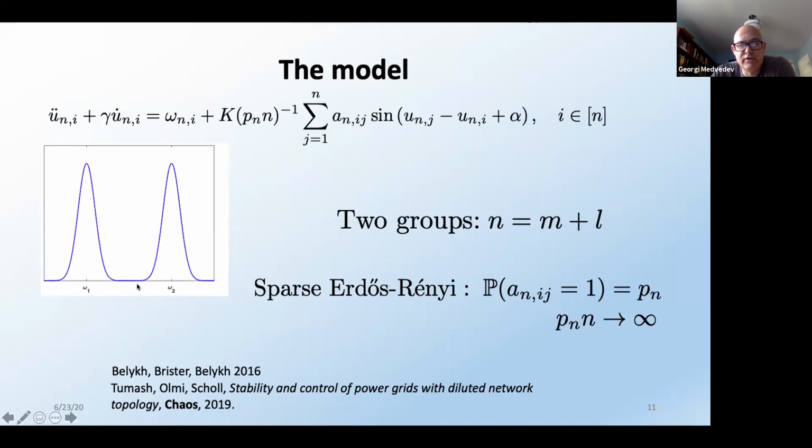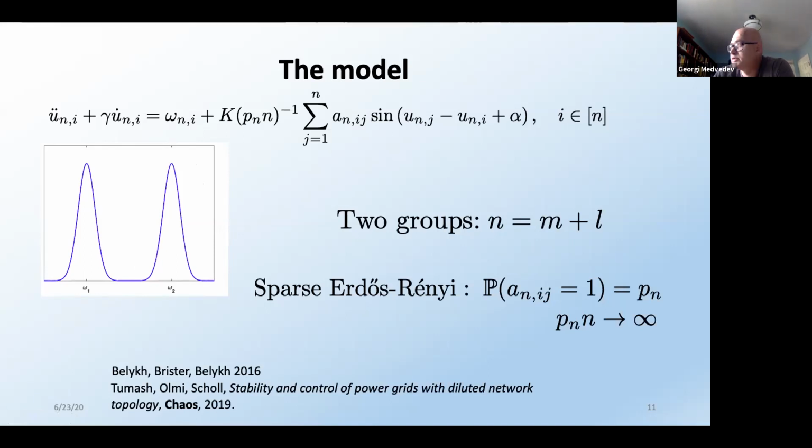The rest of the oscillators are assigned intrinsic frequencies which are also random, but drawn from the probability distribution with density around omega-2. So for the entire network, the density is bimodal. And that makes it easier for us to analyze these two cluster states.